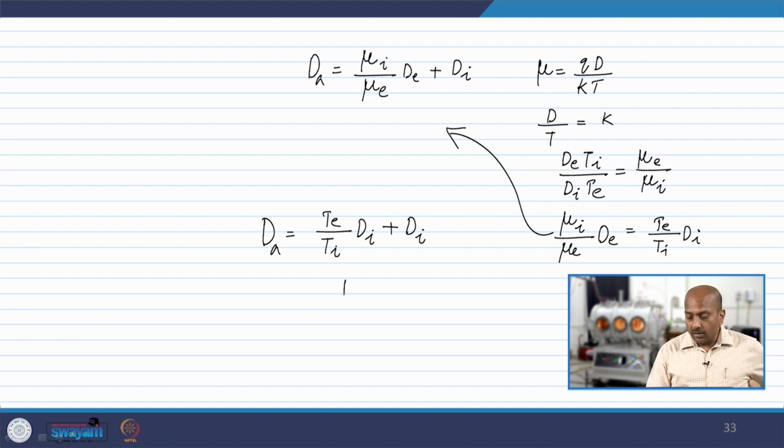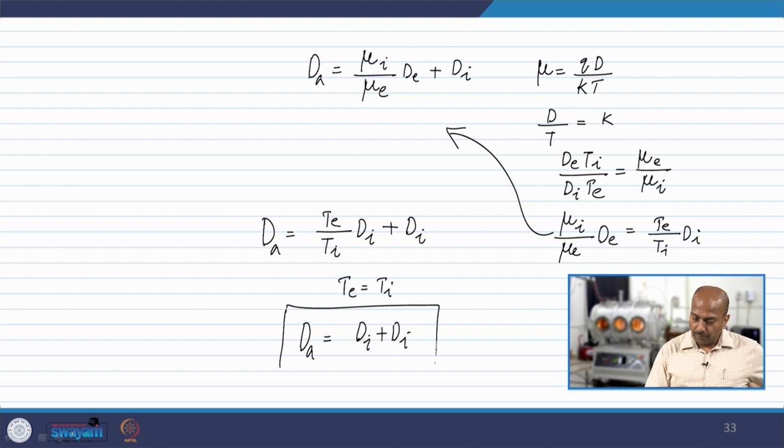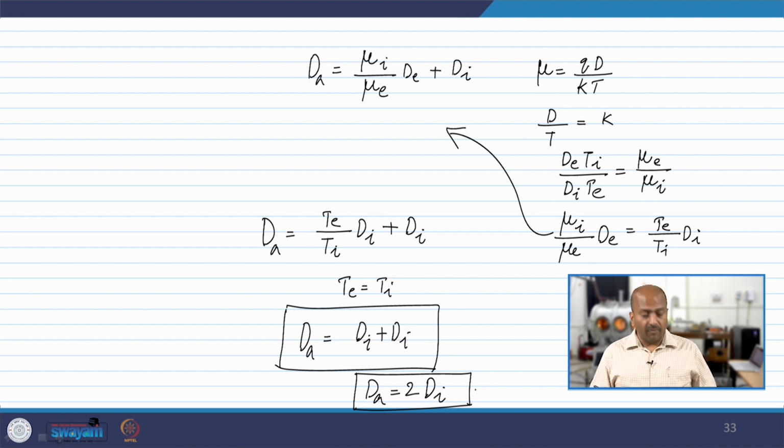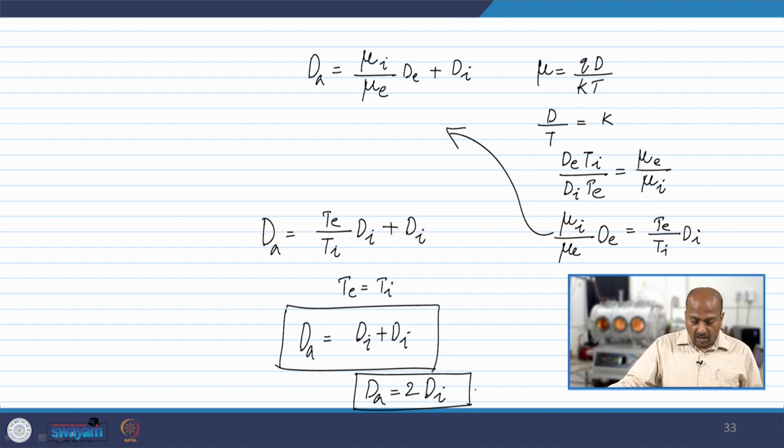Now, in a situation when the electron temperature is equal to the ion temperature, the ambipolar diffusion coefficient dA simply becomes dI plus dI, or dA is twice the diffusion coefficient of ion. So, now we can summarize all these things. The effect of the ambipolar electric field is to increase the diffusion of ions by a factor of 2 and make electrons move as if they have a mass of Mi by 2.